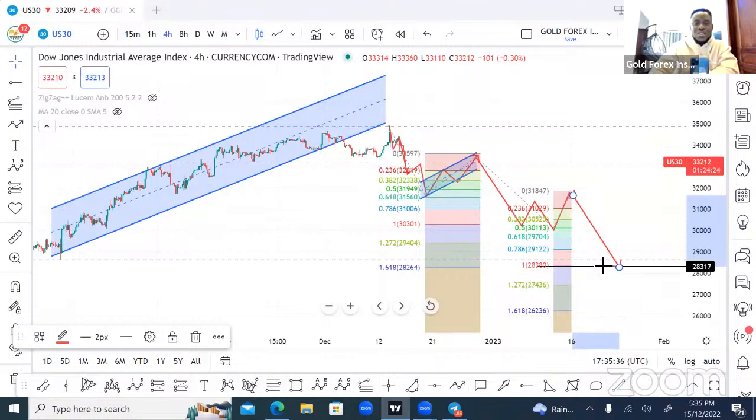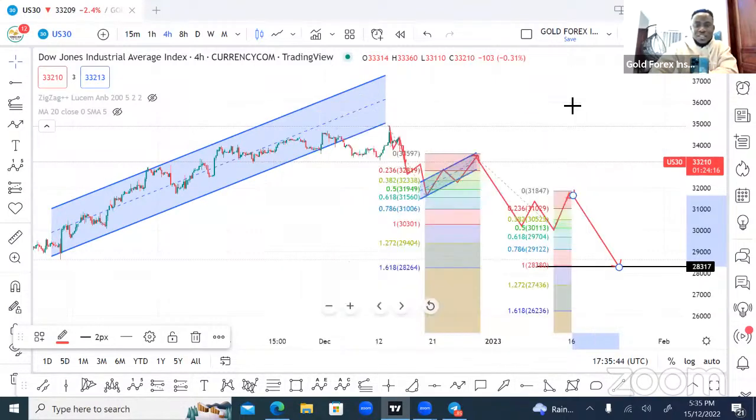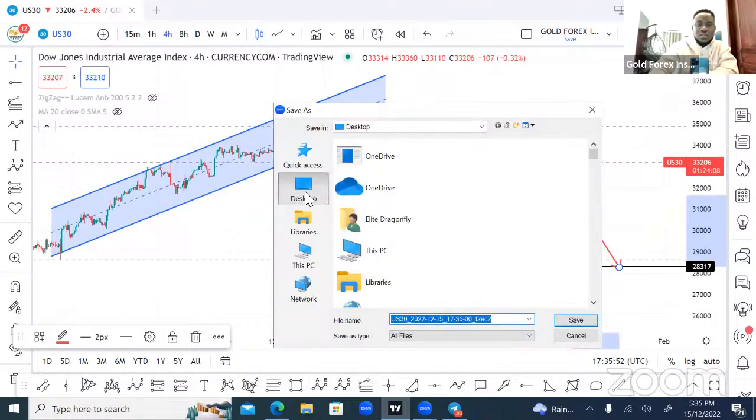Okay, Jude, should I add you so that you can also add some few? Okay, let me check. Let me see something. US 30.